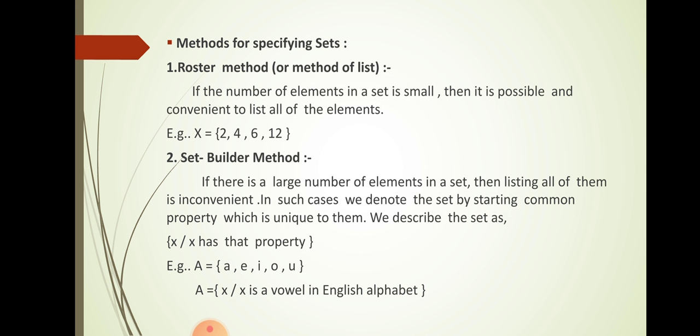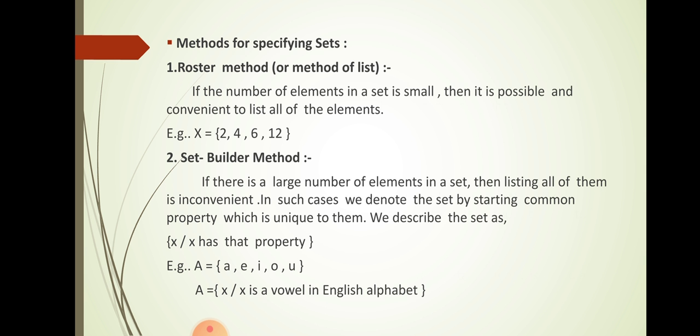The next method is the set builder method. If there is a large number of elements in a set, then listing all of the elements is inconvenient. In such cases, we denote the set by stating a common property which is unique to them. We describe the set as {x such that x has that property}.